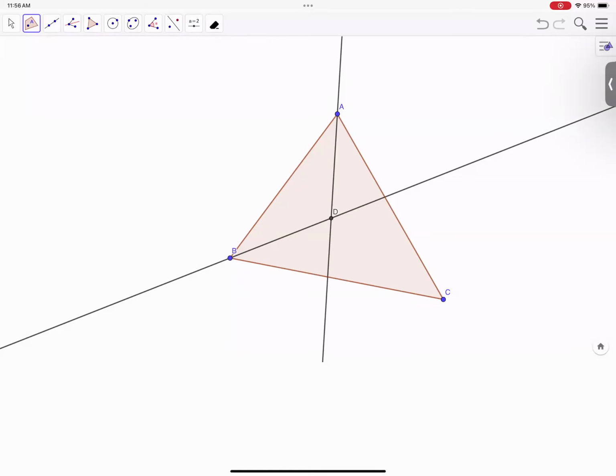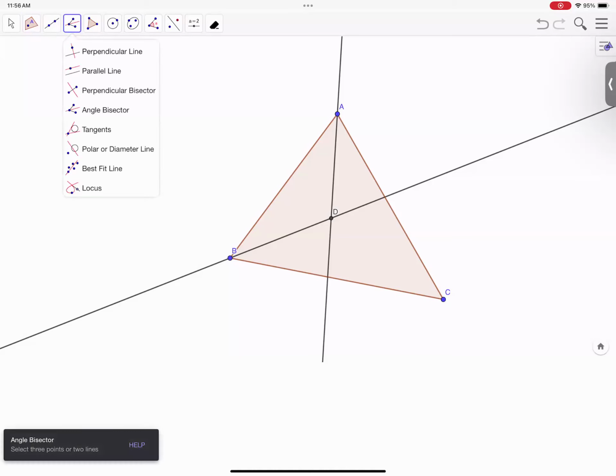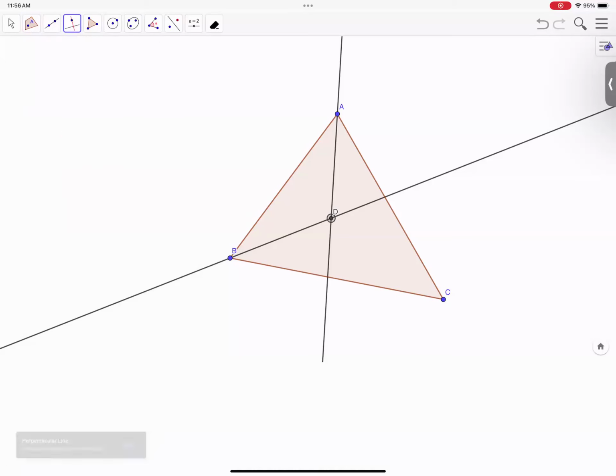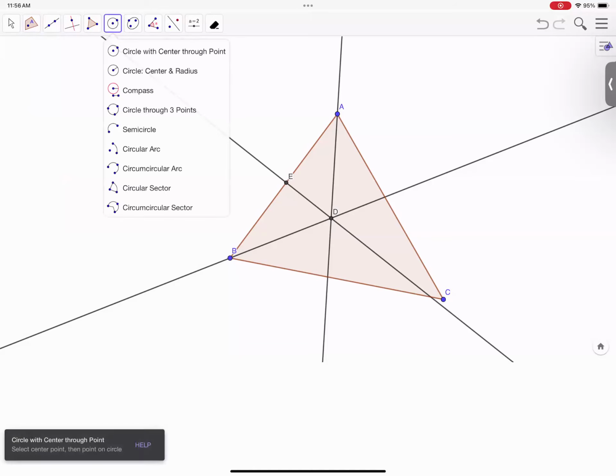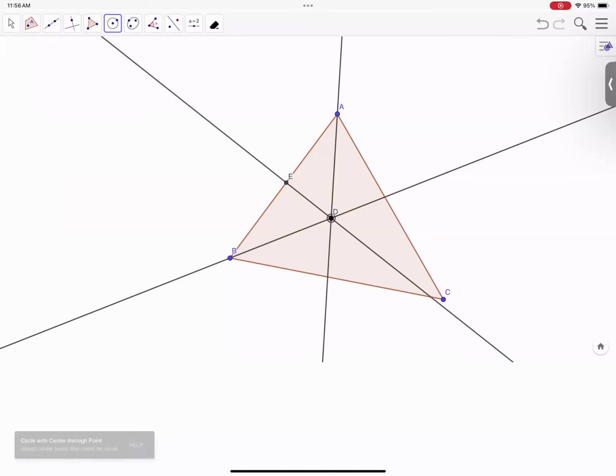Now we need to figure out the radius of the circle. We have the center. To find the radius, we have to draw a perpendicular line from the incenter to one of the sides. Let's draw it to side AB, and that cuts the AB side at point E. Now the radius of the circle is DE. Now draw a circle from D to E.